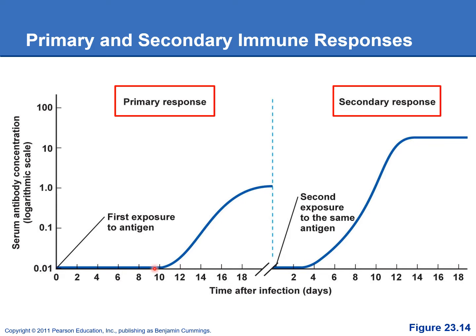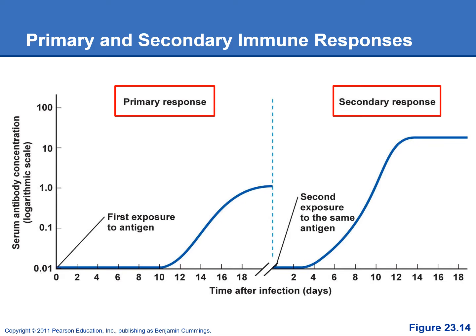So it takes about 10 days before antibodies start getting produced. And in the meantime, during those 10 days, the chickenpox virus has been having a party in your body and causing sores all over the place. So you do get sick on the first exposure. But then you start getting better as you start producing the antibodies and get rid of the virus.